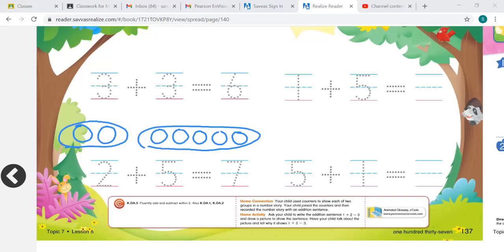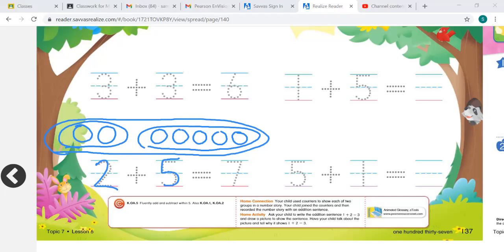So we want to join our counters together so that we can find out the sum, or how many are in all. So let's write our addition sentence. What numbers are we going to write in this addition sentence? We're going to write 2 and 5.